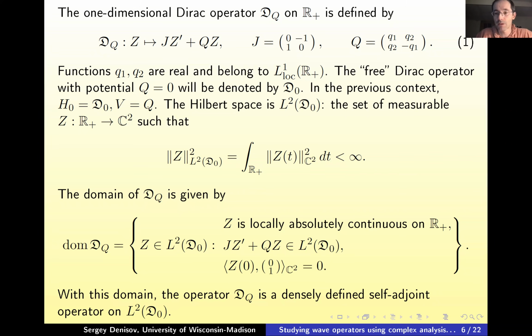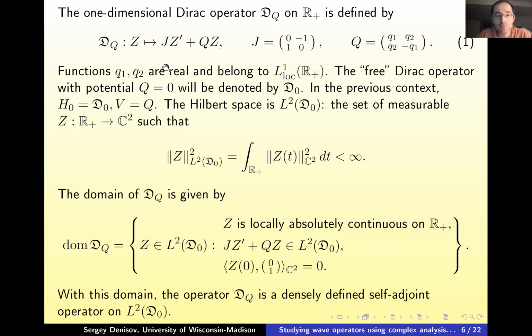In solving some completely integrable systems, to realize this inverse spectral transform in the Lax formalism, one has to study these Dirac operators, and they are given by the following differential equations.